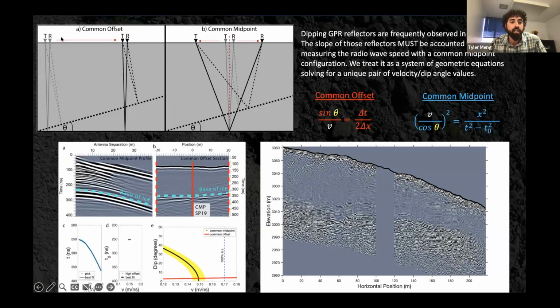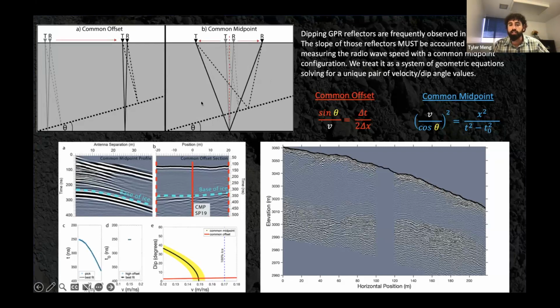So the common offset essentially creates a subsurface cross-section of the medium, and then the common midpoint profile actually moves the antennas outwards and provides a geometric estimate of the wave speed, because by increasing the distance that the wave has to travel and measuring that increase in travel time, it's a direct geometric measurement of the velocity.